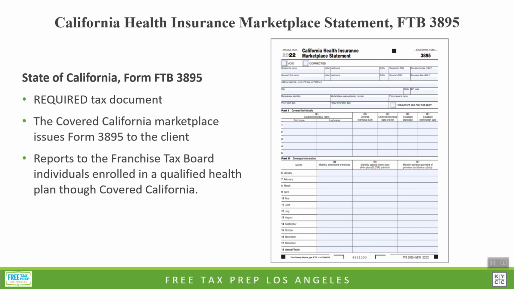Again, Covered California Marketplace issues this form to the client. It's usually mailed at the start of the year, and this gets reported to the Franchise Tax Board for any individuals who were enrolled in a qualified health plan through Covered California.